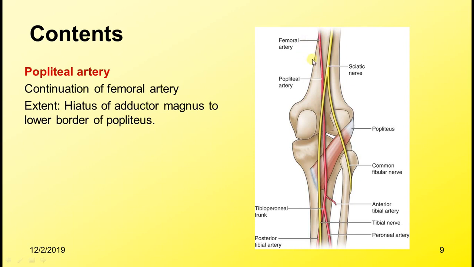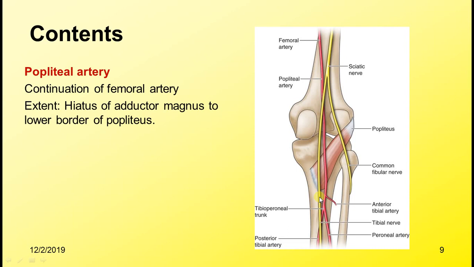Between the femur bone and near the adductor tubercle there is an opening, through which the femoral artery continues as the popliteal artery, up to the lower border of popliteus muscle, where the artery divides into anterior and posterior tibial arteries.